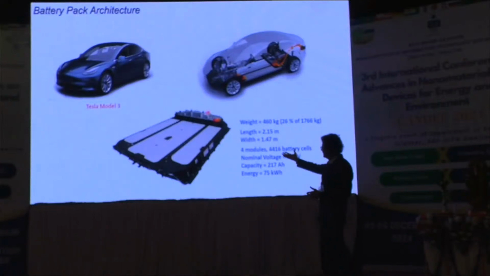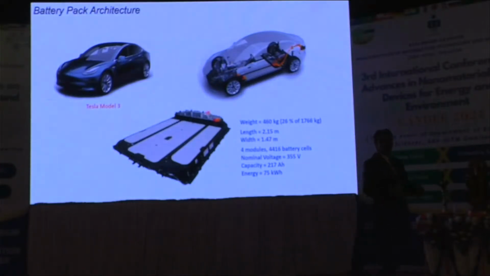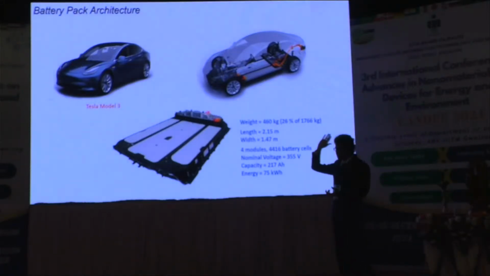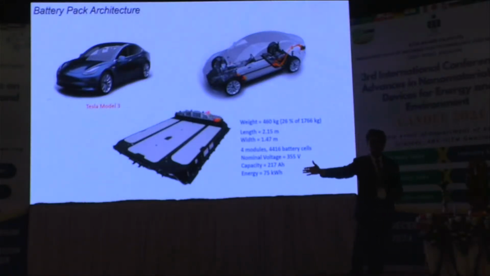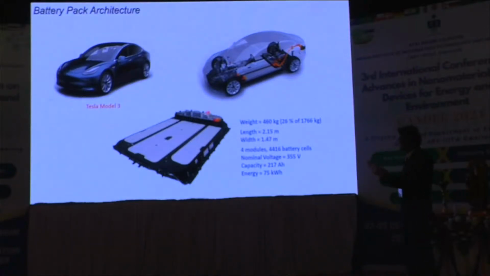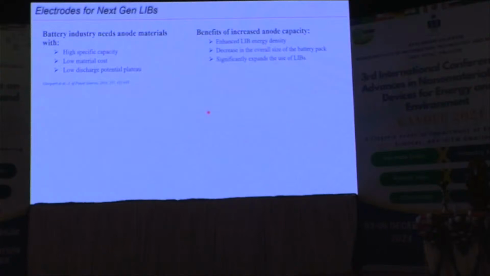So the idea is to try to use lesser and lesser amounts of battery in the battery pack and still make the car go thousands of kilometers or miles. Yeah? So how can we do that? The only answer is you have to reduce the number of batteries, which means each battery should be more powerful, a better battery. Right? So silicon, like I said, has a potential because it has high specific surface area.